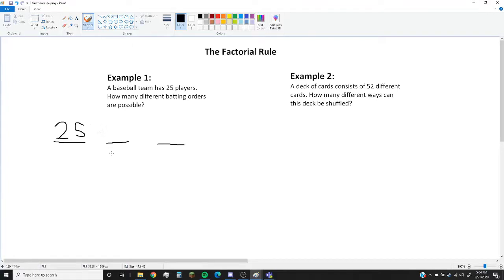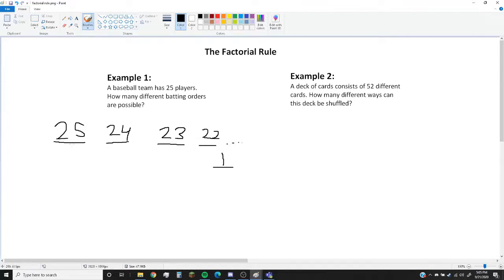But from there, when we're choosing the second person in the order, we only have 24 total people to pick from. Because we're not replacing the people into the pool over and over again, our pool of total players to choose from is going to decrease every slot. So down to 22 and so on, all the way down to 1 in the last slot.